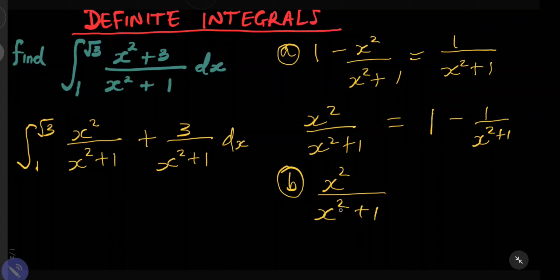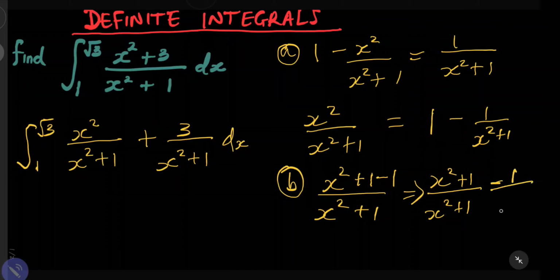So the other method for writing this, we could say x squared over x squared plus 1, and when we add this and remove this, you know, when you say plus 1 minus 1, this is still 0. It's still this expression. But now when you look closely, you see that our denominator can be found here, right? So what I've just written is x squared plus 1 over x squared plus 1 minus 1 over x squared plus 1.